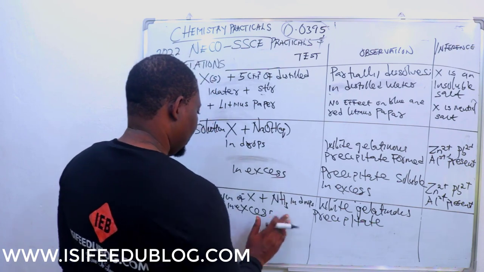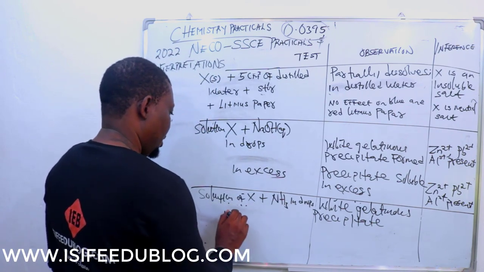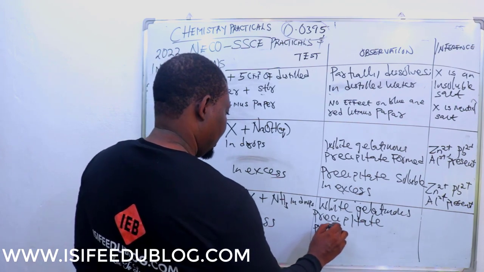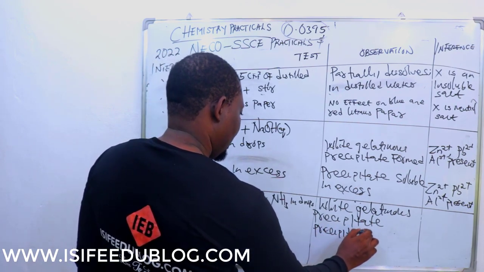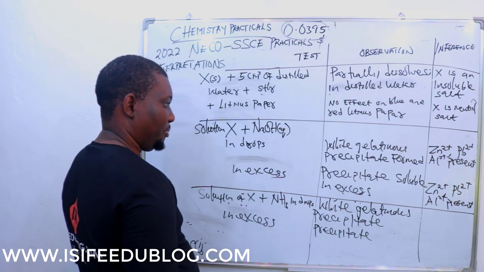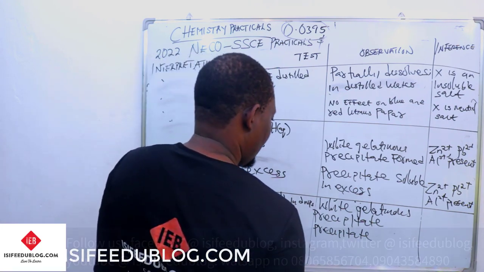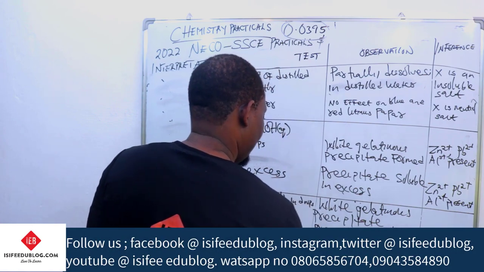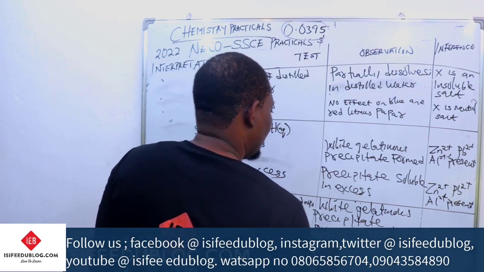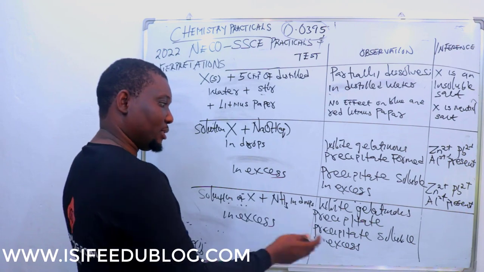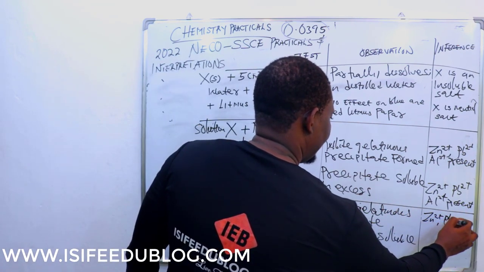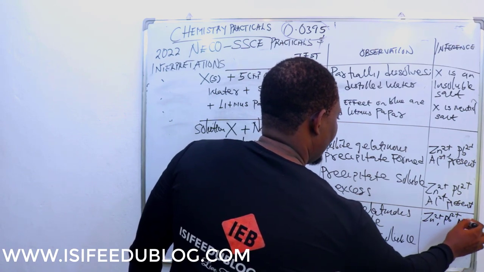That is what happened in drops. Then in excess, precipitate soluble in excess. So the same three things come out in drops, which are still zinc, lead, aluminium.